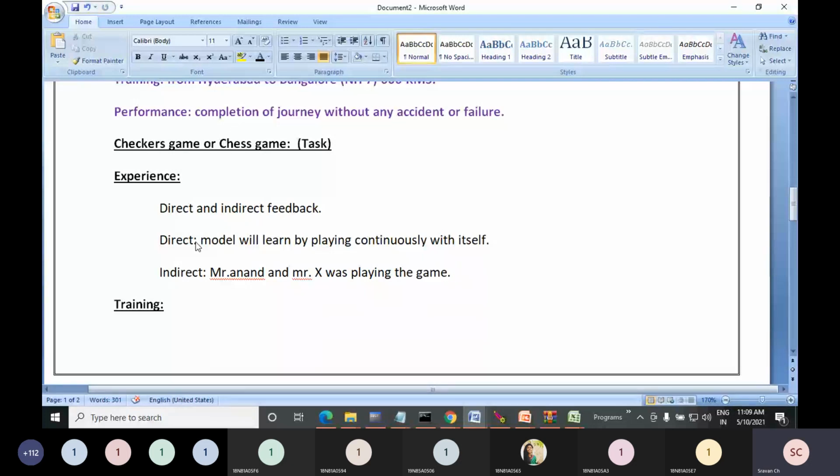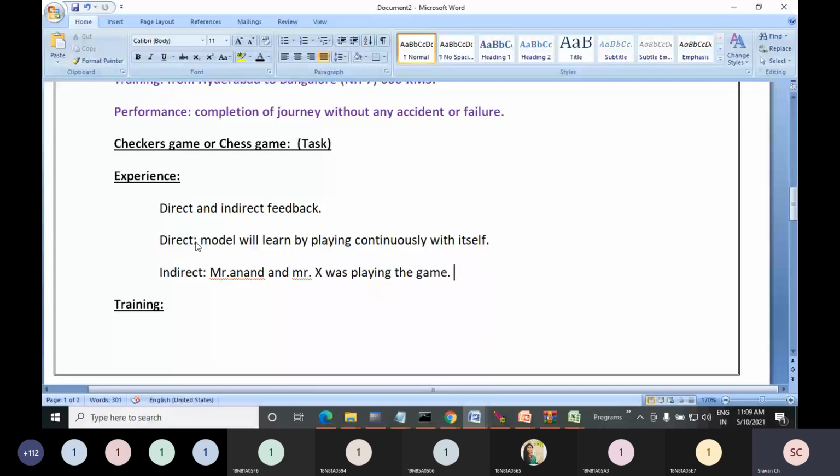Like that, if I try to get the data from previous games played by human beings, based on those strategies applied by the winner, I can also learn something. Similarly, I can also learn from the loser, because I'll come to know what are the wrong steps I should not make.